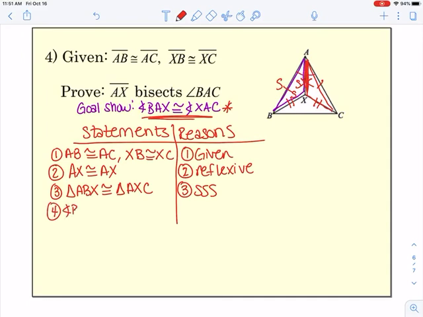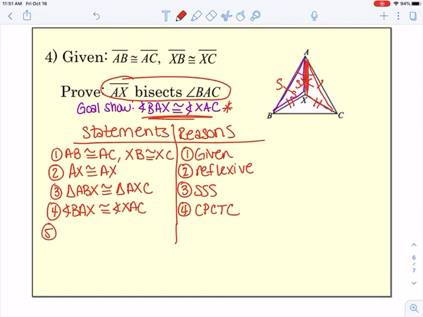So angle BAX is congruent to angle XAC because of CPCTC. Corresponding parts of congruent triangles are congruent. But now that I know those two angles are congruent, I can show what I actually wanted to prove.